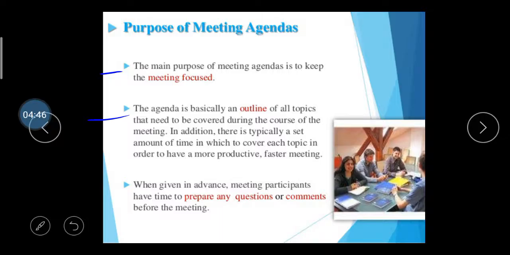If you already provide the outline, there are fewer chances of miscommunication and of wasting time. Participants can easily discuss the topics, it creates a good image and a faster decision-making process. Also, when given in advance of the meeting, participants have time to prepare any questions and comments before the meeting.